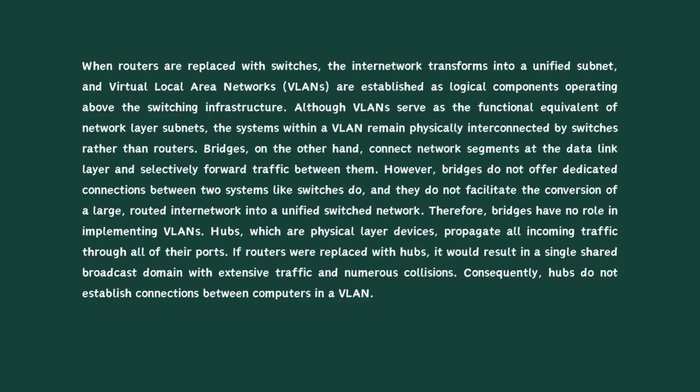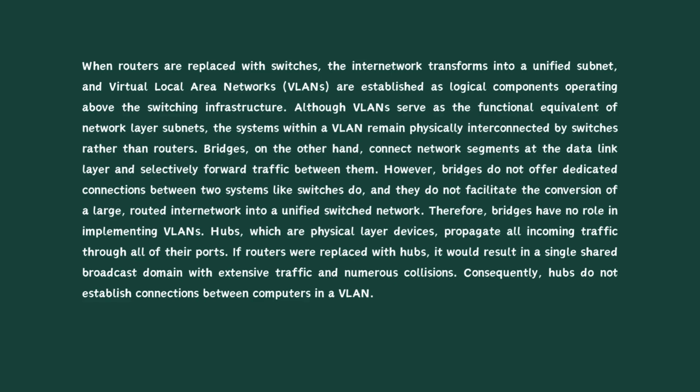Bridges, on the other hand, connect network segments at the data link layer and selectively forward traffic between them. However, bridges do not offer dedicated connections between two systems like switches do, and they do not facilitate the conversion of a large, routed internetwork into a unified switched network. Therefore, bridges have no role in implementing VLANs.